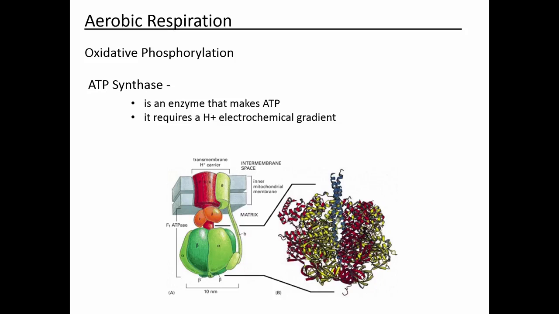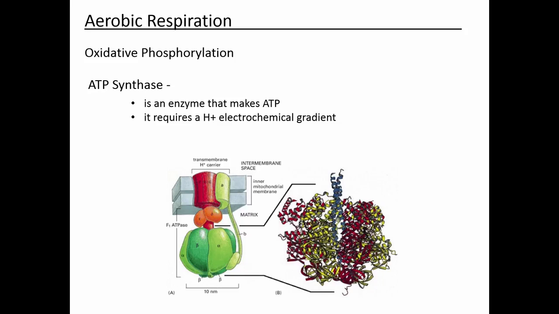Okay, so I just want to reiterate something that I've already stated to you, and that's that during oxidative phosphorylation, ATP synthase is the enzyme that makes ATP, and the power source for ATP synthase is going to be a hydrogen ion electrochemical gradient, and again, that gradient is created by the electron transport chain. So if you were to do something to inhibit the electron transport chain, which is what cyanide does, you would inhibit the production of ATP by ATP synthase during this process.